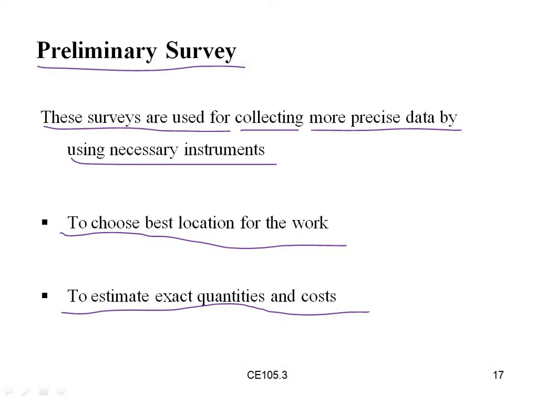By taking the surveys, by calculating the ground levels, and any other estimates which are prepared will be taken from the preliminary survey only, and we will be identifying the cost also. So that's why we prefer the preliminary survey before the other surveys.